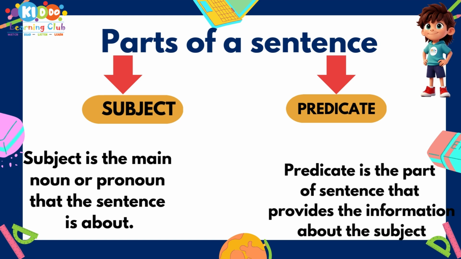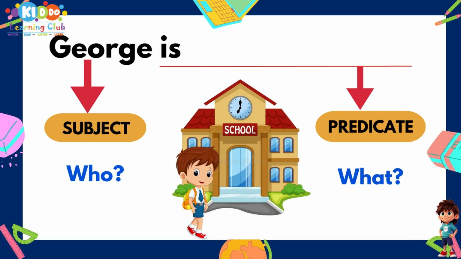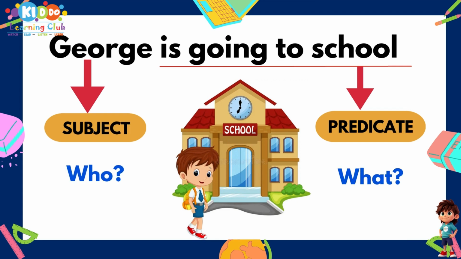Let's understand this better with the help of a few examples. George is going to school. In this sentence, we are talking about George, this boy George who is going to school. So, this is our subject in the sentence.